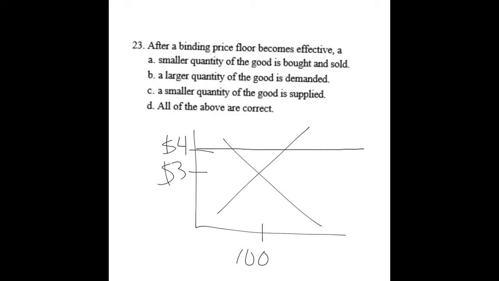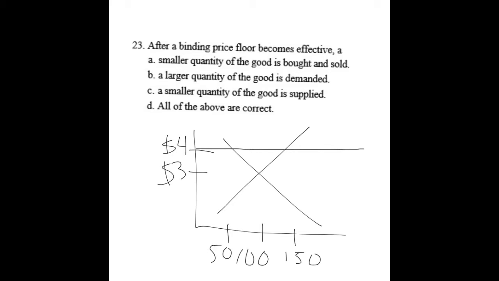At the price of $3, we have 100 gallons of milk bought and sold. At a price of $4, we're going to have a lower quantity of milk demanded, might go down to say 50 gallons of milk, and we'll have a higher quantity of milk supplied, might go up to 150. The actual quantity of milk exchanged in the market is going to decrease.